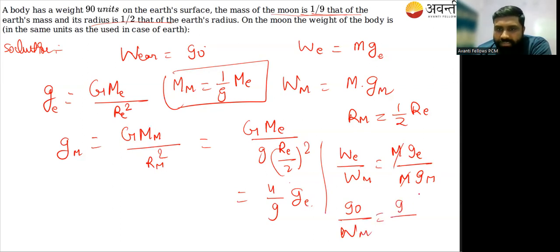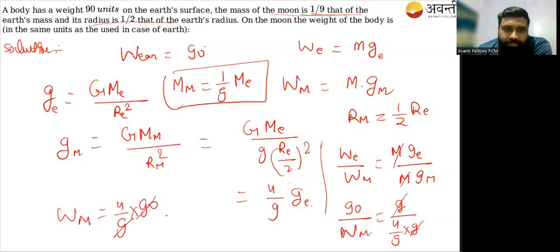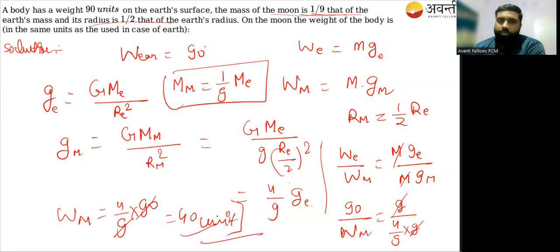Gravity of Earth is G. Gravity of moon is 4 by 9 times G. So it will become 4 by 9 into G. G and G will cancel out. So the weight on moon will become 4 by 9 times 90, which is 40 units. You cannot say if it is Newton or what, just 40 units. So remember this concept: mass will remain constant.